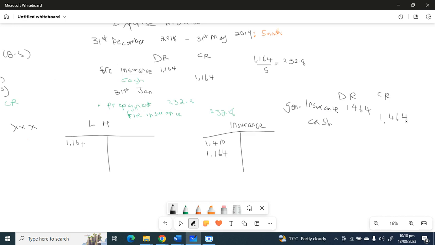Then you can find out the monthly charge so that when January passes, you know how much gets deducted. When February passes, you know how much gets deducted. As I said, with the expense method, you record the expense as a whole, and as it is being used up, it's reducing.